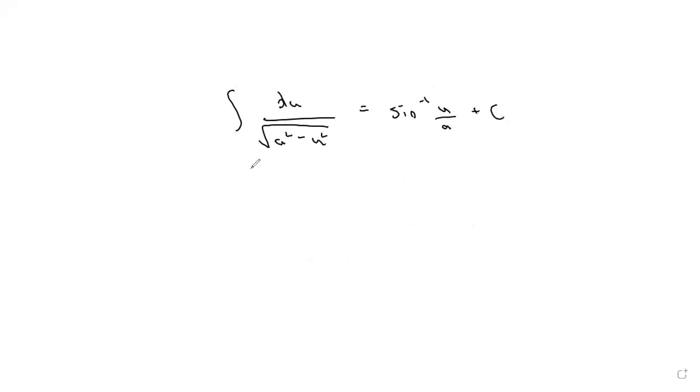Okay, so question number 7 is the integral of 8x dx over the square root of 1 minus 16x to the 4. Ooh, that's a twist. 1 minus 16x to the 4.